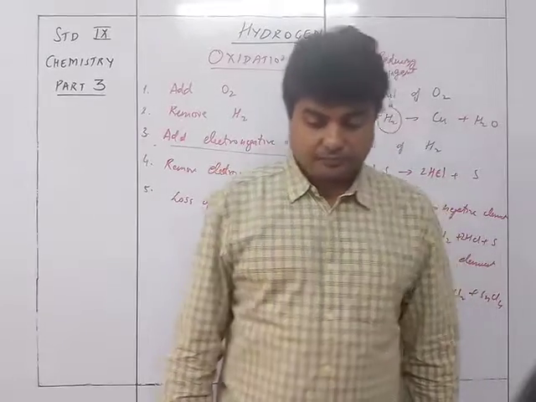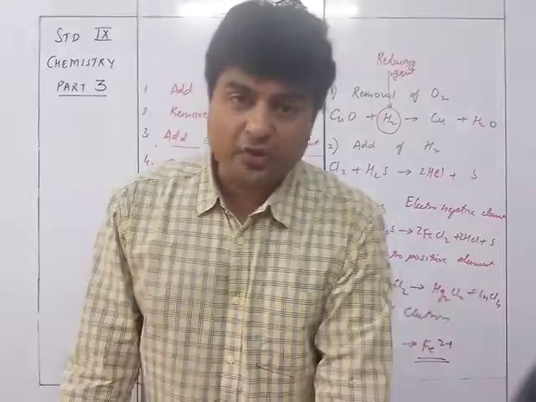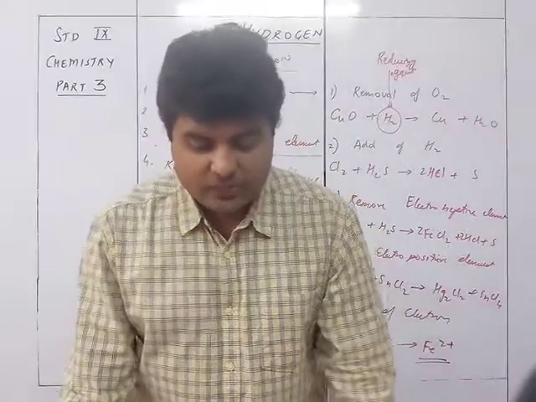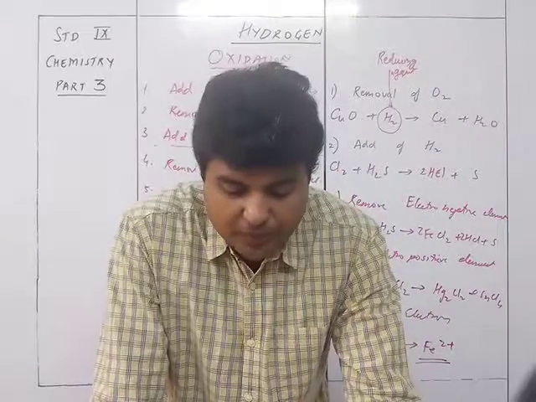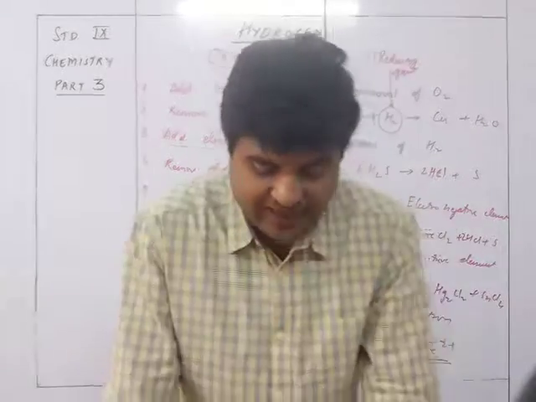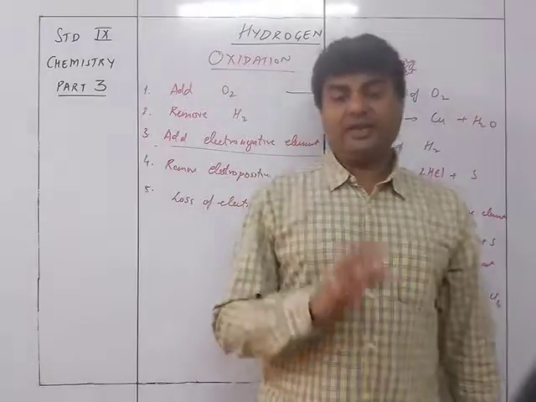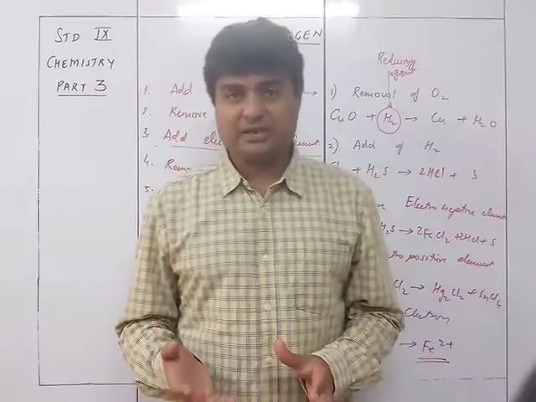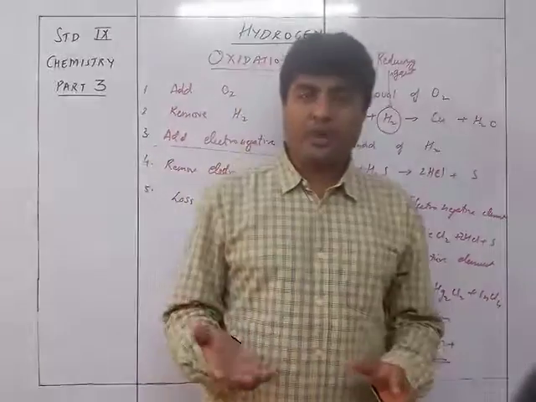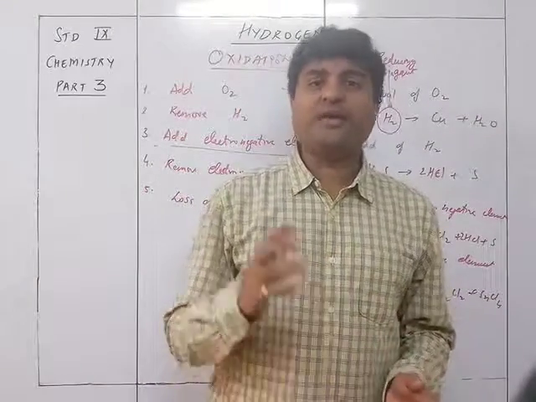Same thing for the test for reducing agents. On reaction with iron 3 salt, the color changes from yellowish brown to light green, that is iron 2. So iron 3, the ferric, is reddish brown, whereas ferrous is green.